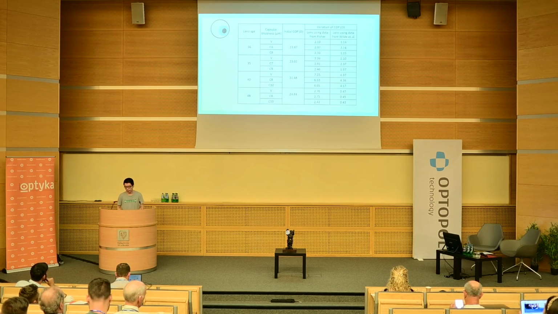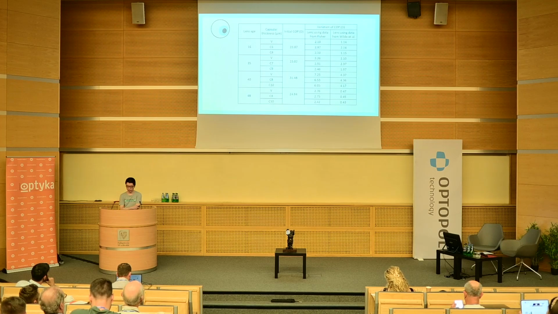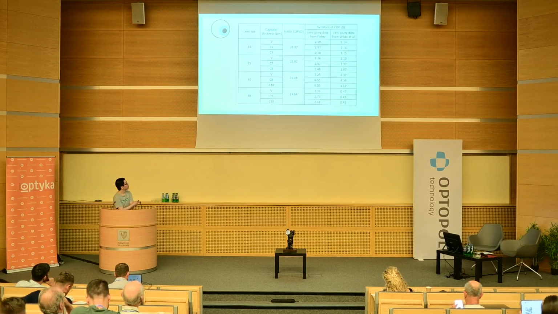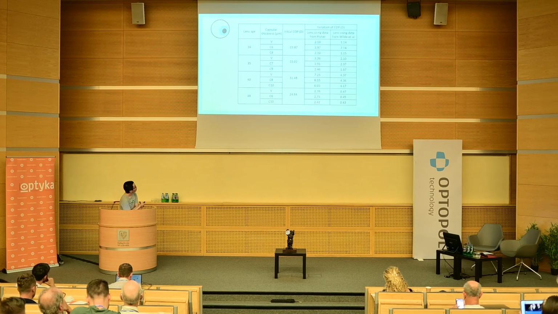So you can see that the capsular thickness has a significant effect on the 16-year-old lens. You can see from 2.97 to 2.1, and 2.14 to 1.15. And it has little effect on the 48-year-old lens.